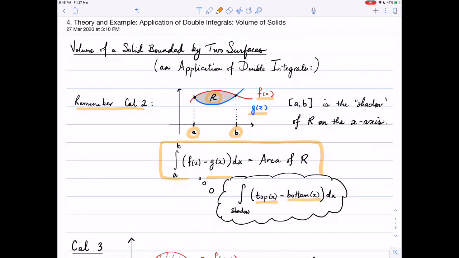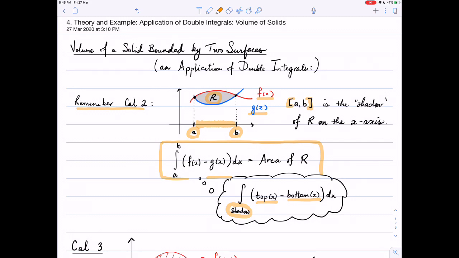But I want to go a little bit further with our interpretation of this, and you'll notice here it says shadow. So what is that talking about? You're integrating from a to b. Well, if you imagine it here, that interval a b is the shadow of that region R down on the x-axis.